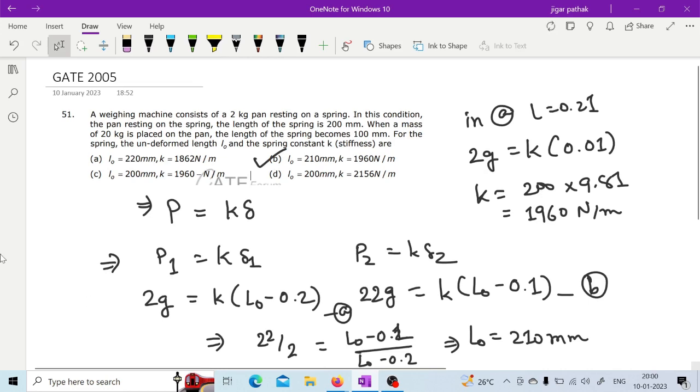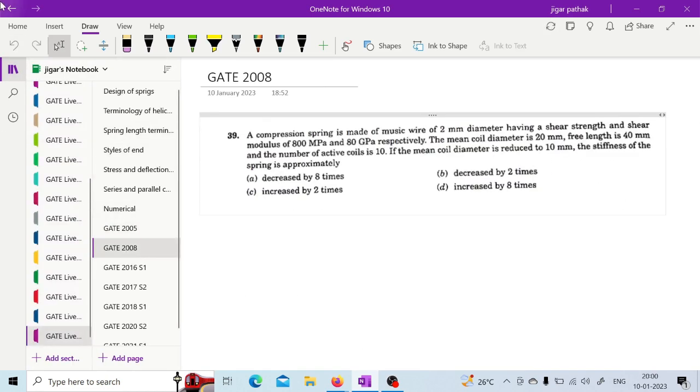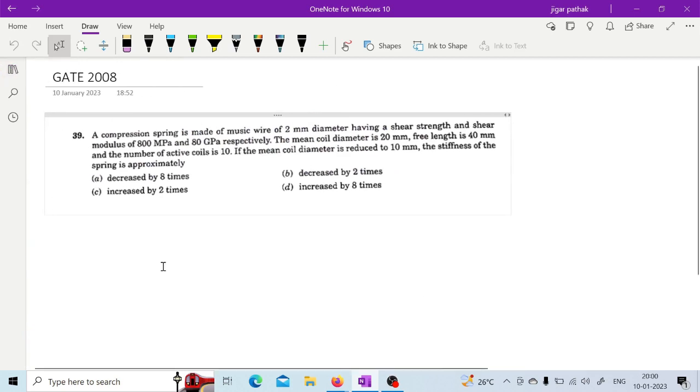Okay. Now next is from 2008. A compression spring is made of a music wire of 2 mm diameter having a shear strength and shear modulus of 800 megapascal and 80 GPa respectively. The mean coil diameter is 20 mm, free length is 40 mm and the number of active coils is 10.